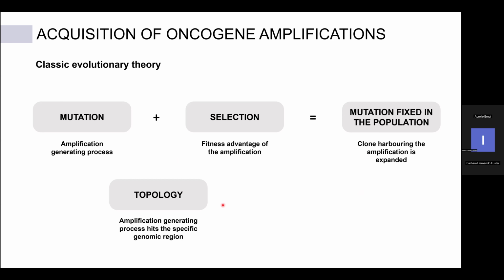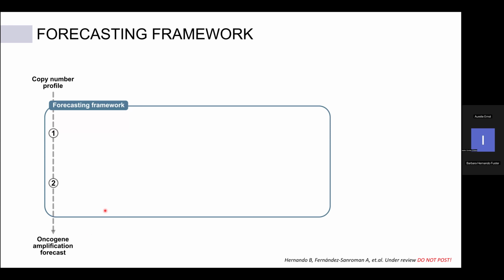And that is because, for the acquisition of an oncogene amplification, we need this amplification generating process to hit the specific genomic region where the oncogene is located. Because if not, this amplification is never going to be acquired.